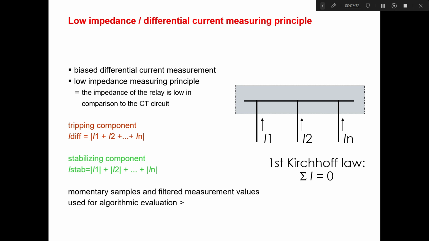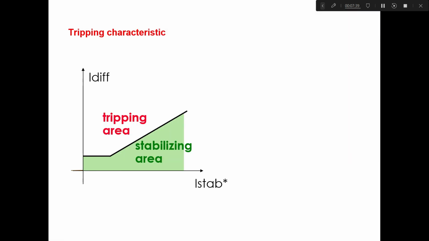In the upcoming slides we will discuss how the slopes and the thresholds are determined in case of low impedance differential bus bar protection. This is the basic tripping characteristic which you must be aware of for bus bar protection. This is called the threshold, ITH, or IPU, the minimum pickup current.